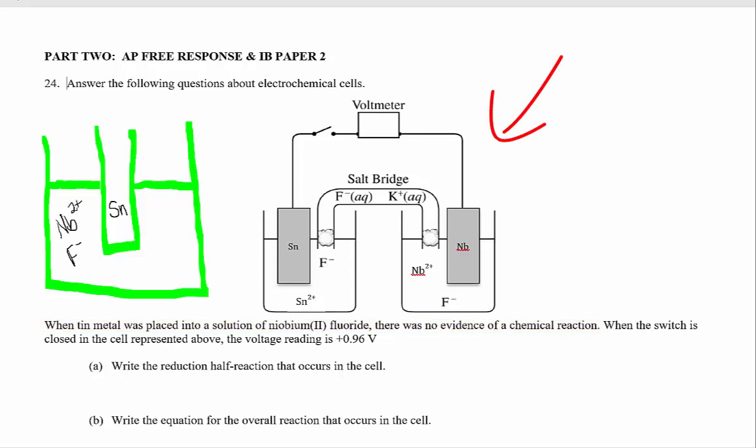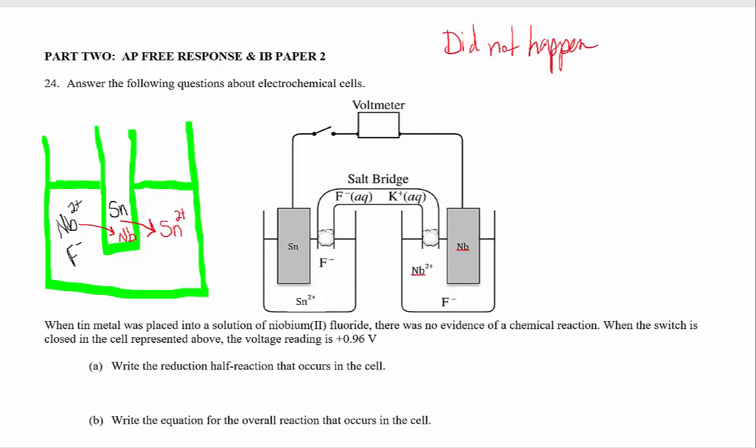Basically it says there's no reaction, and what that means is the tin did not turn into a 2+ ion, and the niobium did not deposit onto the tin metal as a solid. So that did not happen. I'm going to write that over here.